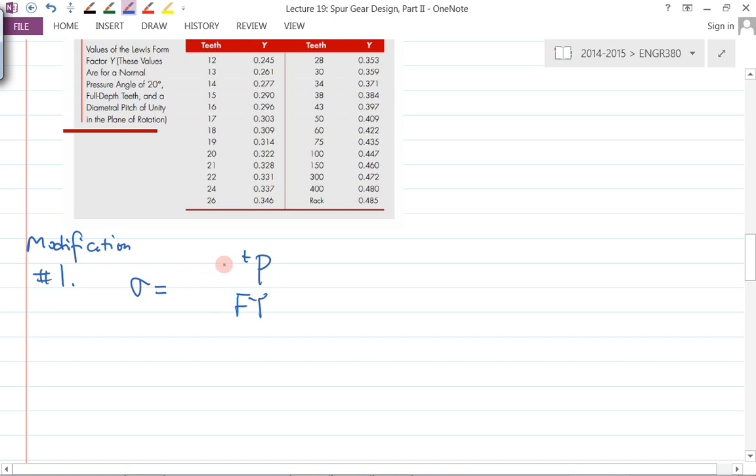So what we need to do is modify or correct this using a factor, just like the endurance limit correction factor. We can use a simple so-called dynamic factor, Kv. Kv is called the dynamic effect factor.